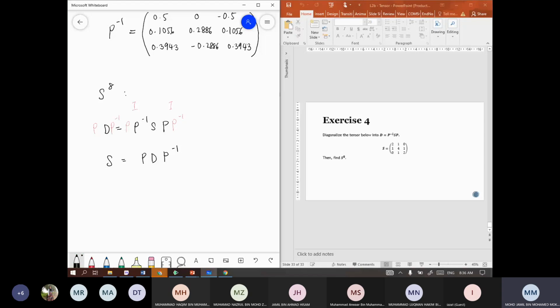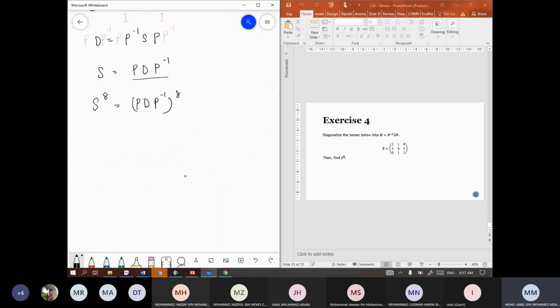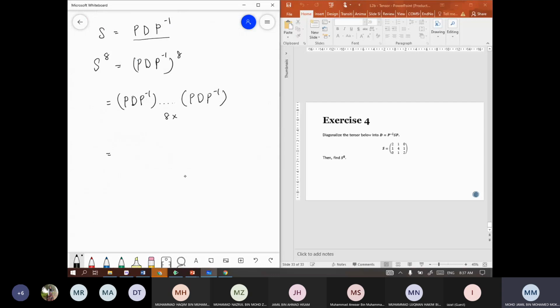Okay, so S power of 8, basically you power this 8 times. So you end up with P times D times D, 8 times.